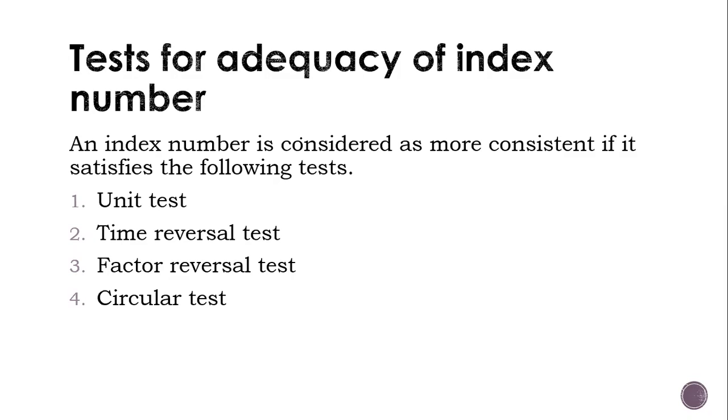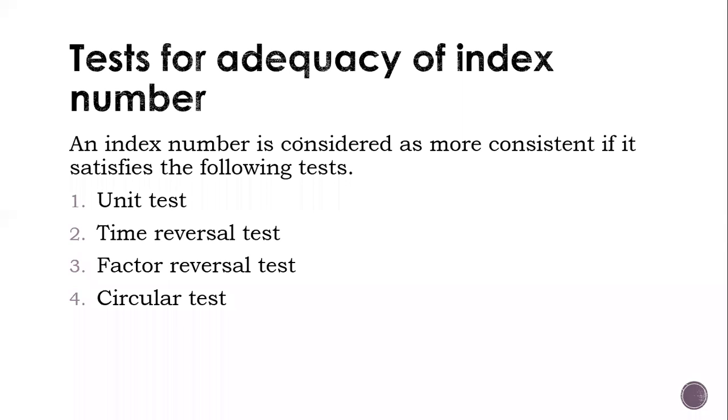In general, when calculating, it may give, but in reality we do not know. And to find the consistency or the adequacy of a particular method, we use these tests to find out which index number or which method of constructing an index number is consistent or adequate.